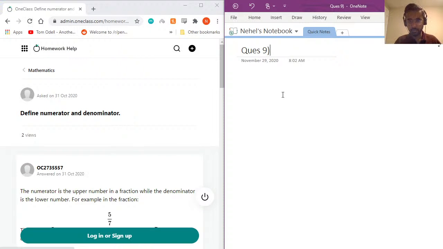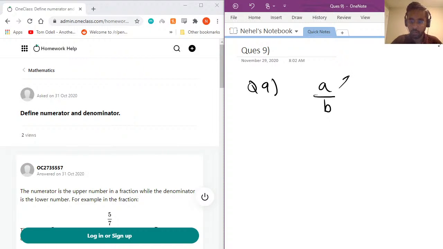Since we were just on the topic of fractions, this question is asking for an explanation or some clarification on what a numerator and a denominator is. So for question 9, if a fraction is a over b, we just write it like this.